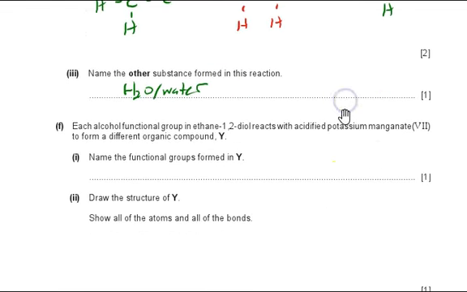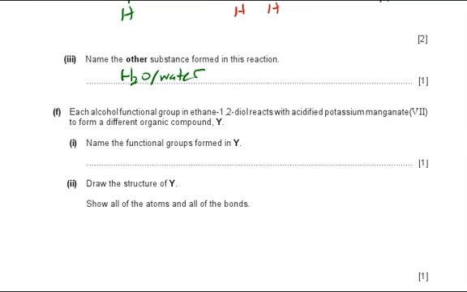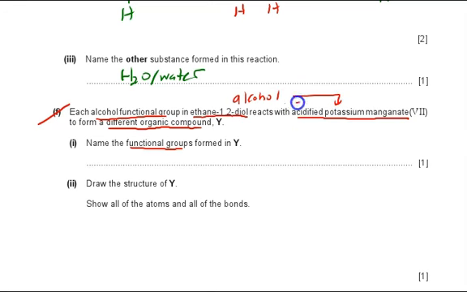Okay, the next one. Each alcohol functional group in ethane-1,2-diol reacts with acidified potassium manganate to form a different organic compound Y. Name the functional group formed in Y. So always remember, when you have an alcohol and you react it with acidified potassium manganate, you will form a carboxylic acid group.